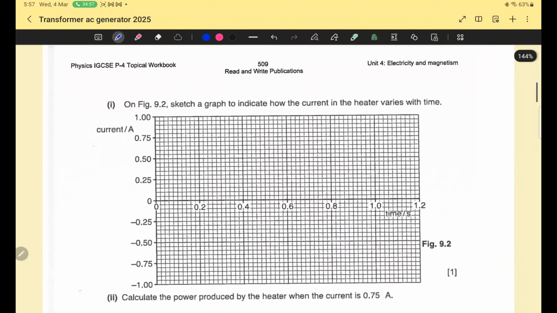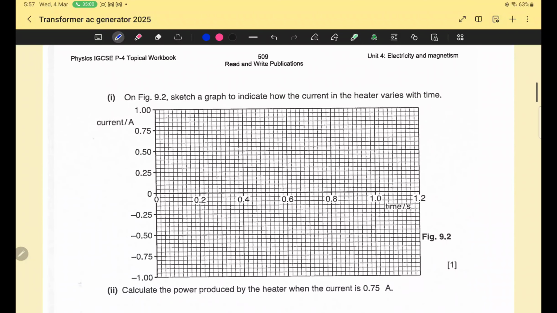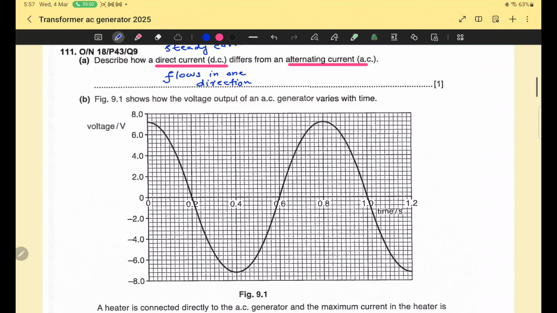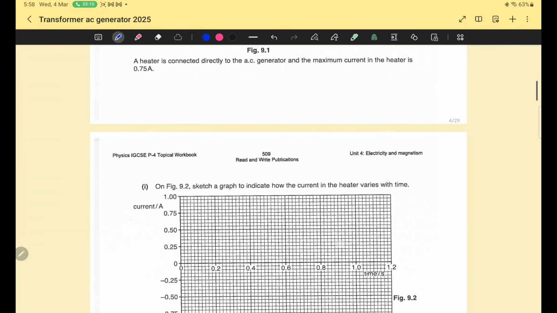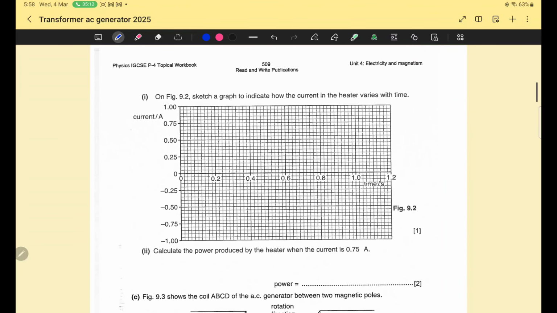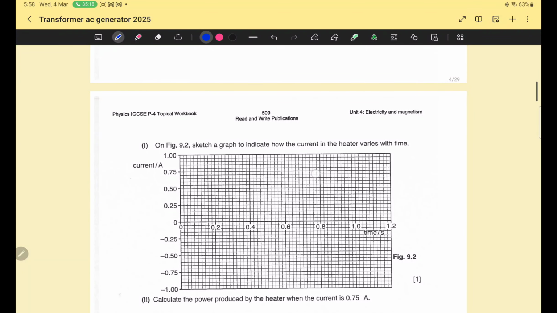And now we have a question. We are given a voltage graph and we have to draw the current graph. How can we draw it? I am explaining. According to Ohm's law, voltage and current are directly proportional.